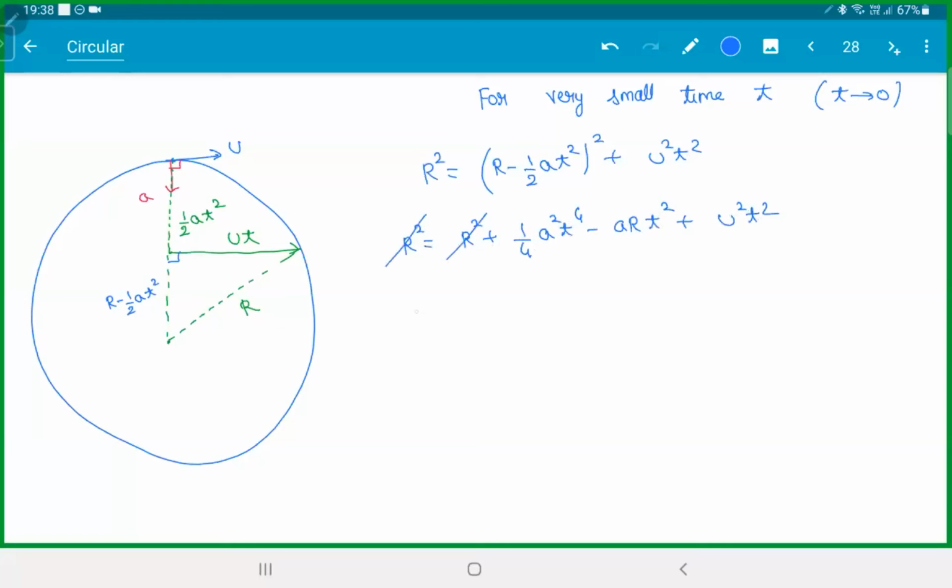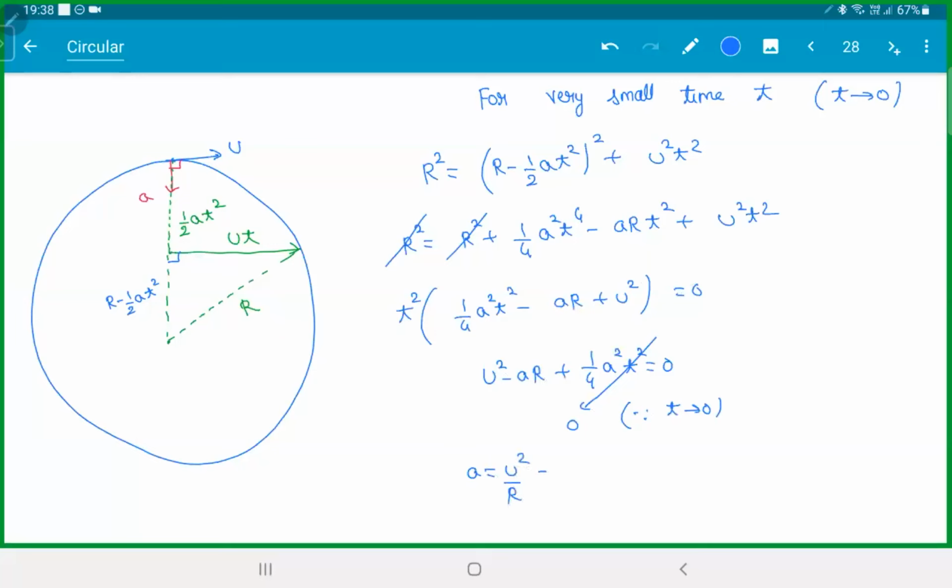This guy goes off. Take out t square common. You get 1 by 4 a square t square minus a r plus u square. So we get u square minus a r plus 1 by 4 a square t square is 0. This term is 0 since the time is almost tending to 0. You end up with a is equal to u square by r. We can also write this as omega square r because u is equal to r omega.